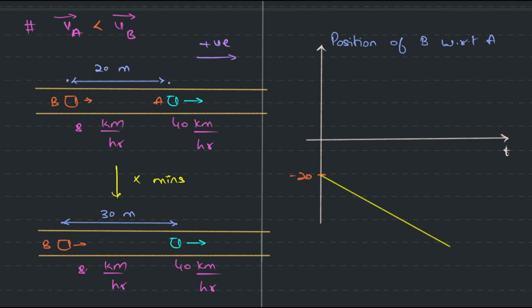If the vehicle was overtaking, then this would have been your graph. This is where car A overtakes car B. This is for a separate case, the case when car A overtakes car B. This is the actual case.